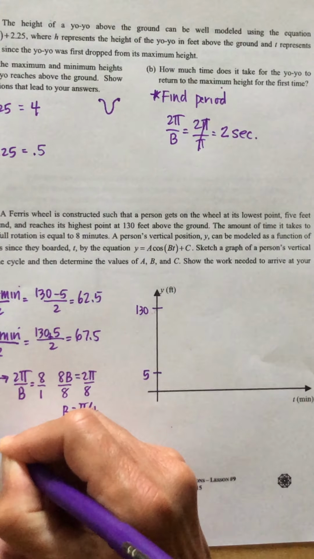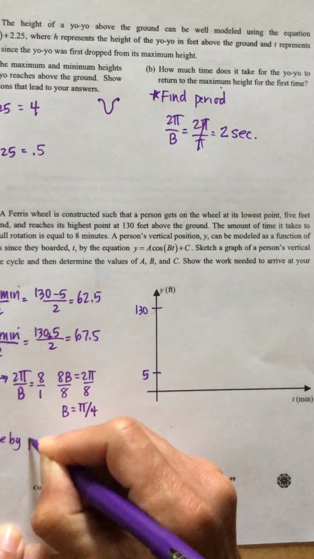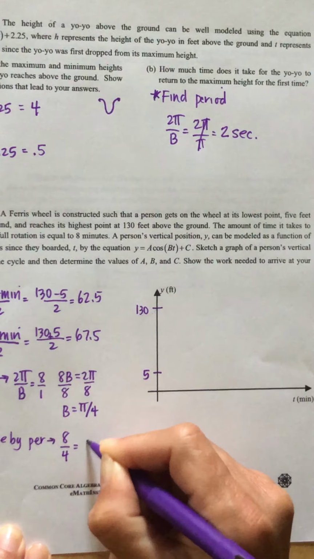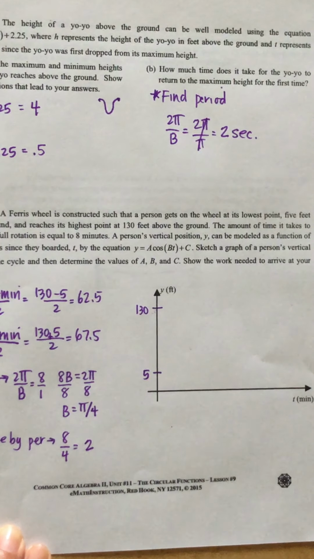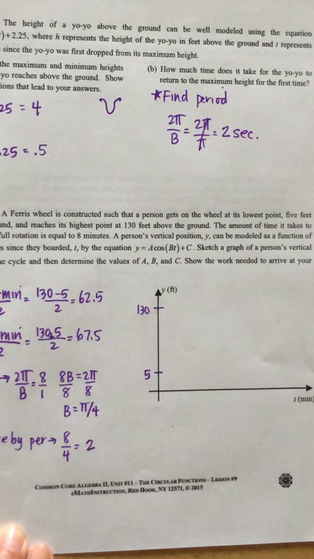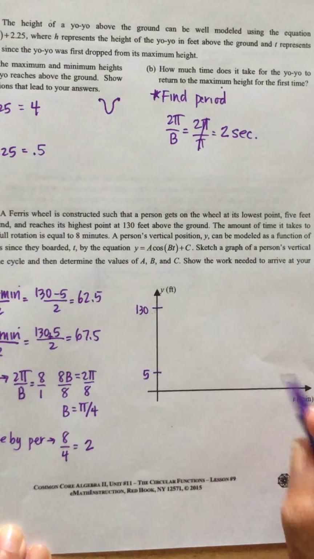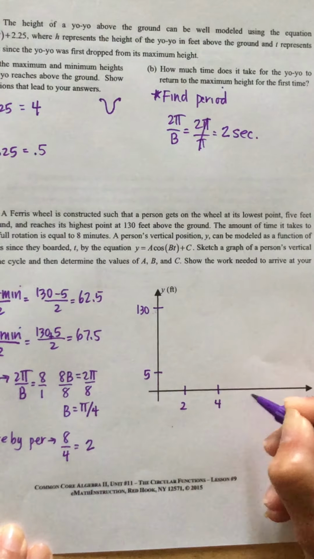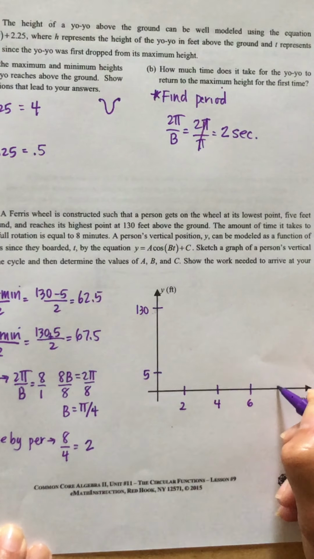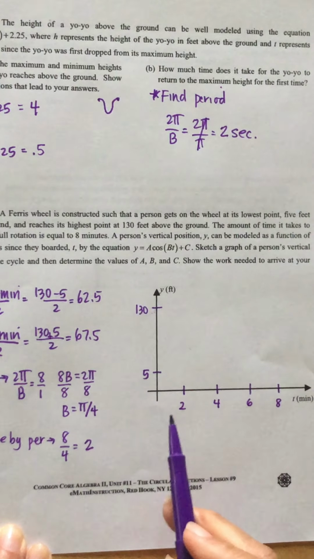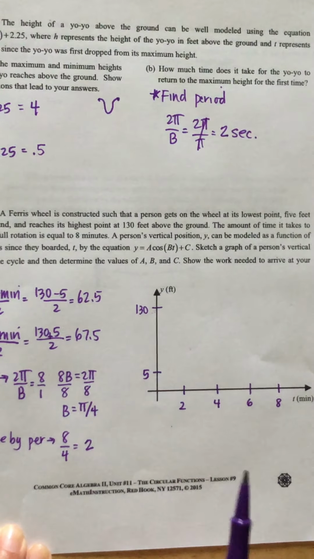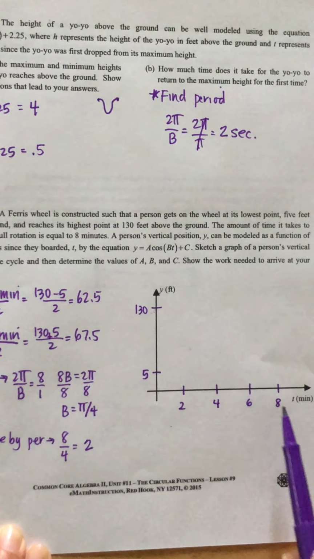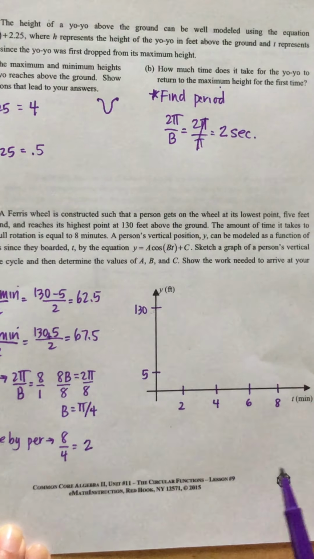So we space by the period, which is 8, divided by 4, which means every increment, I'm going to go up by 2's, all the way up to 8. So 2, 4, 6, 8. We have 4 slashes for one cycle going up in increments of 2. Makes sense because the period's 8, so I should finish up here after one rotation.